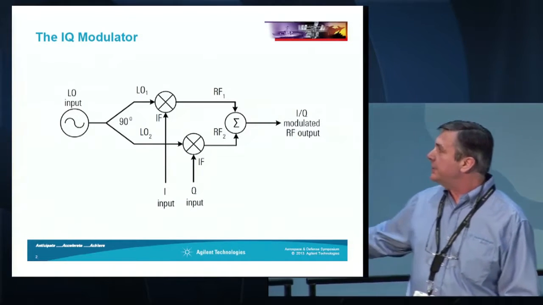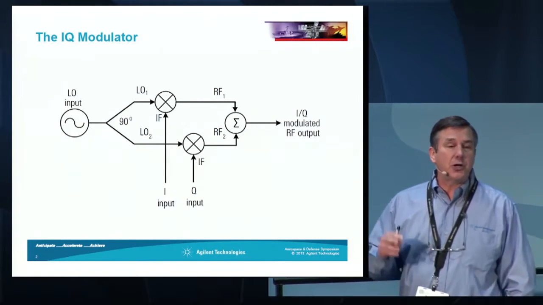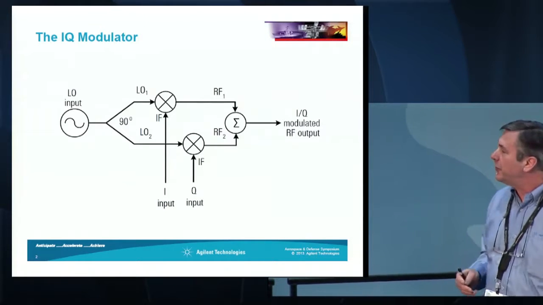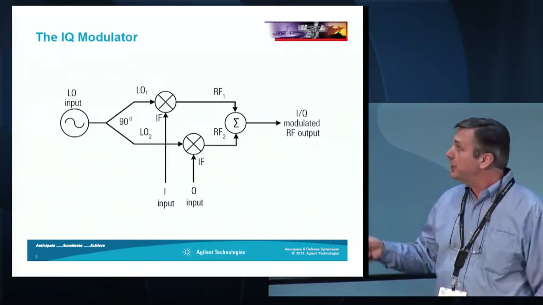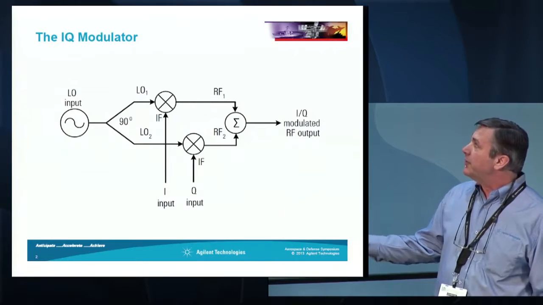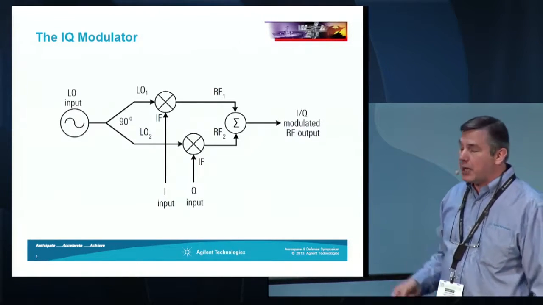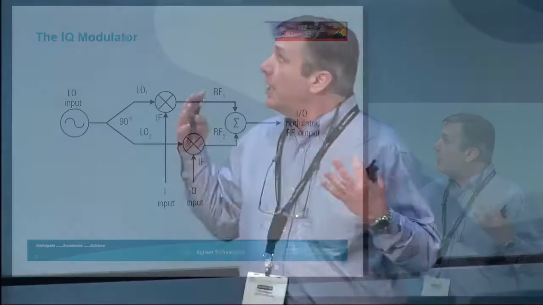And here's our I and Q input, which are our analog baseband signals that represent our vector modulation when combined in this method. And out comes our IQ output. This goes on to the RF for up conversion, filtering.